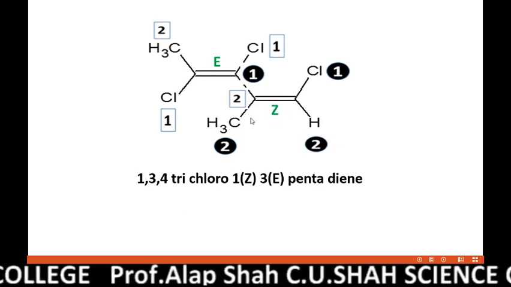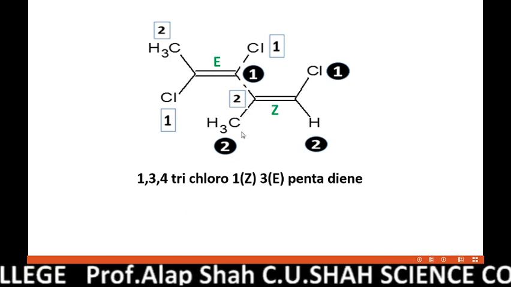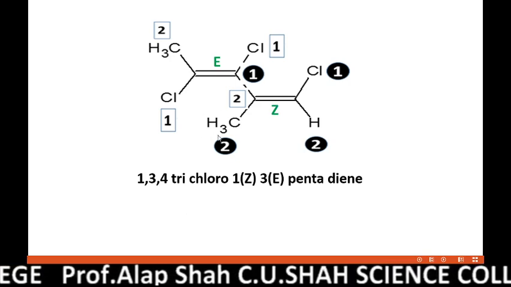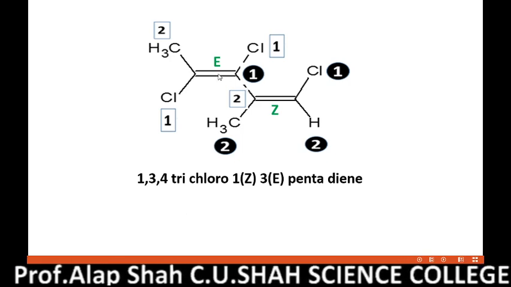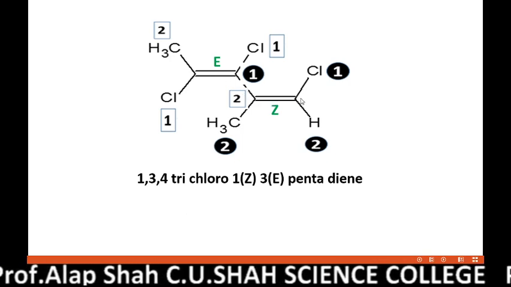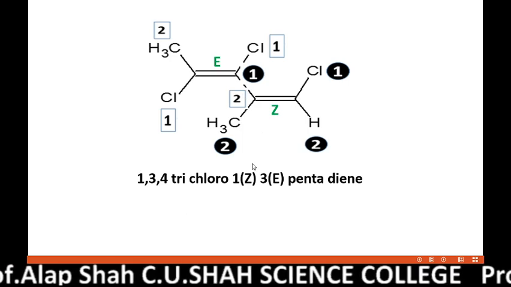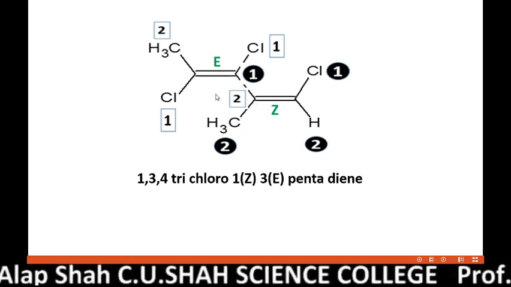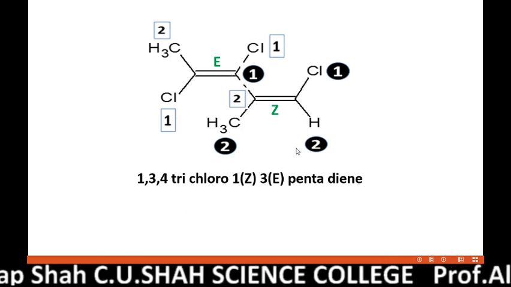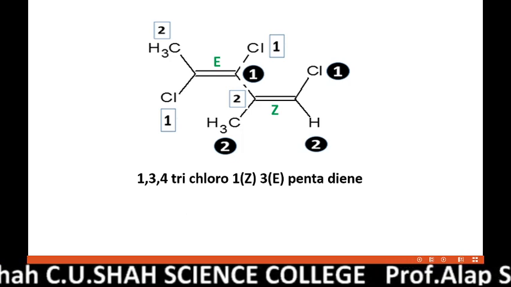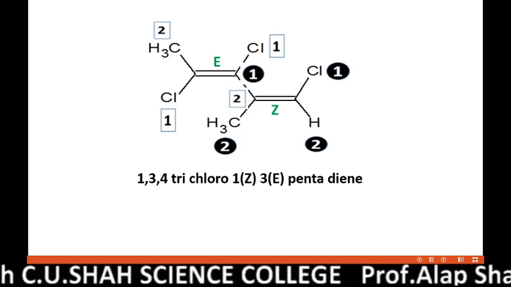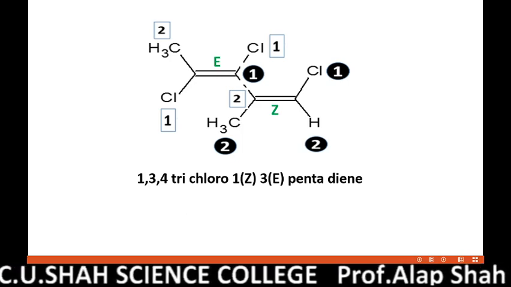So whenever we write the name, the name of this particular isomer should be 2-methyl, as I said I forgot, 1,3,4-trichloro. The moment I write 1 Z, 3 E, penta-di. So this is the way. This kind of example is always there in any competitive exam of chemistry.